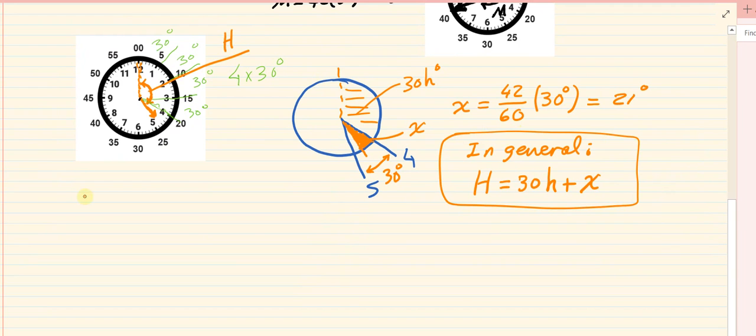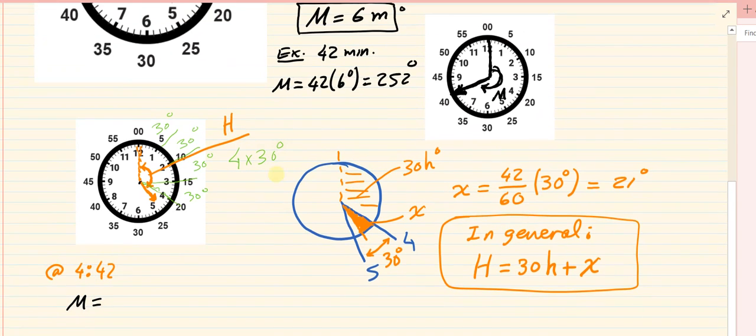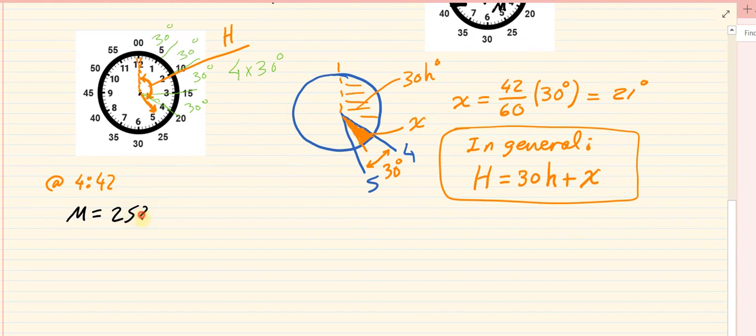So at 4:42, this is what we have. We know the minute hand, M, has moved 252 degrees, right? The hour hand has moved how far? It has moved 30 times 4 plus 21 degrees, that's 141 degrees, right?